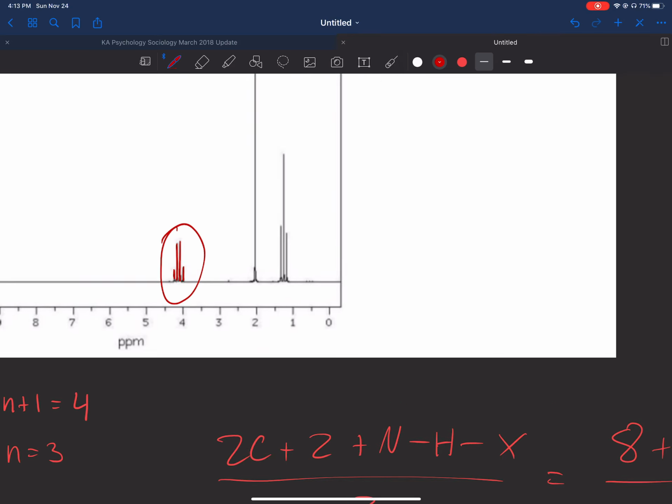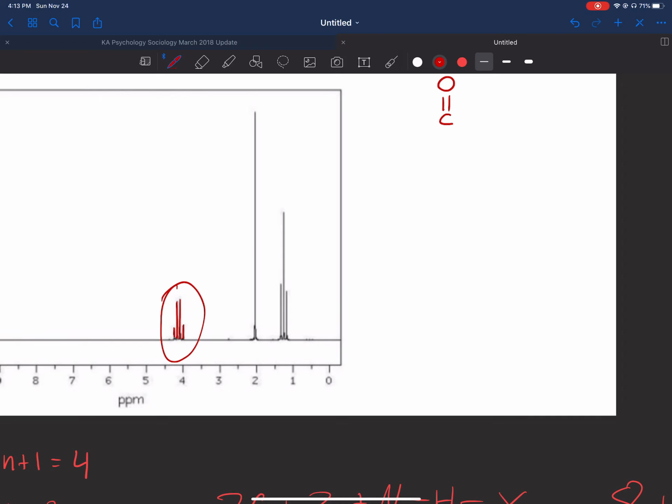Now let's look at this peak right here. So it's a single line, and again, they're not giving an integration number here, which would make it a little bit easier. So it's a single line. So n plus 1, it's going to be 1. Subtract the 1, you're going to get n equals 0. That means whatever the hydrogen is that we're looking at for that peak does not have any hydrogens next to it. So no adjacent H's.